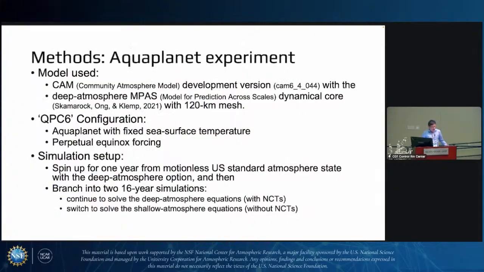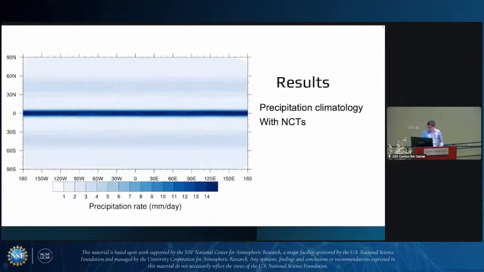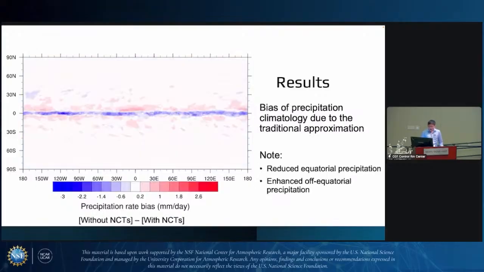I first used aquaplanet simulations and switched the non-traditional Coriolis terms on and off in them, of course considering all the conservation details that Owen just mentioned. And here's the result. This is the precipitation climatology with the non-traditional Coriolis term, and this is the difference between them.